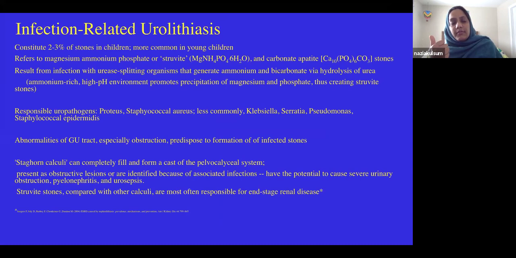They may have infection from these urease-splitting organisms. When these organisms cause increased bicarbonate content, or alkalization of urine, then all the magnesium and phosphate will precipitate. So the treatment in this condition would be to eradicate the infection.